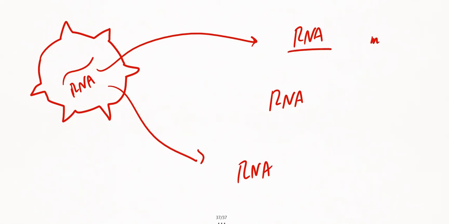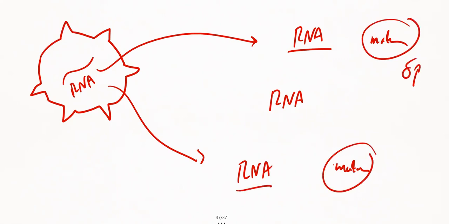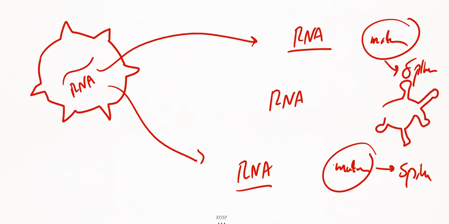So this one has a mutation. This one has a mutation. If this mutation is affecting the spike protein, the product virus is going to look slightly different. So this virus is going to have a weird looking spike. The other one is going to have another different spike.